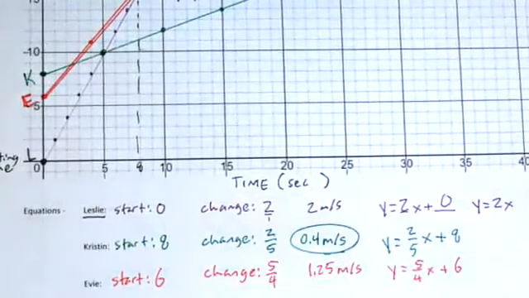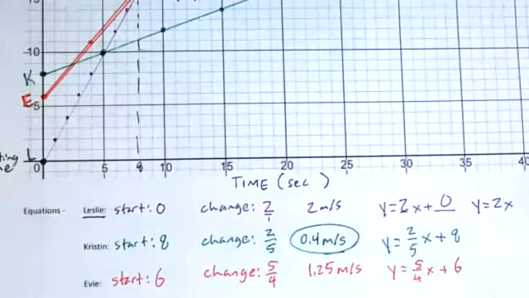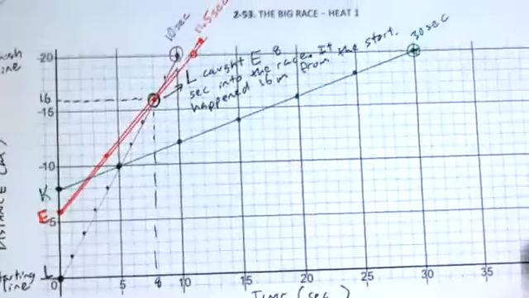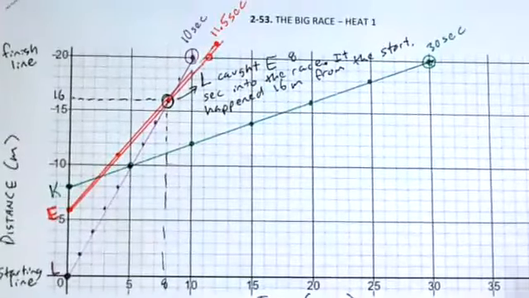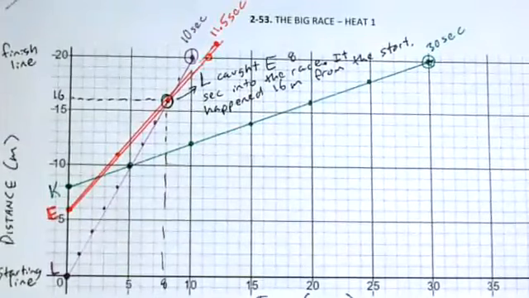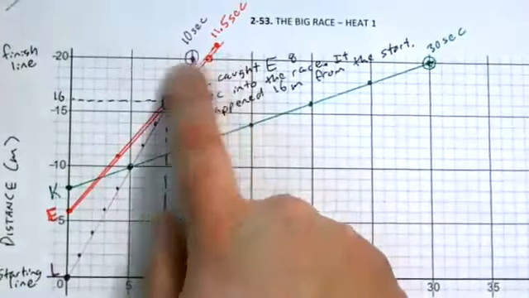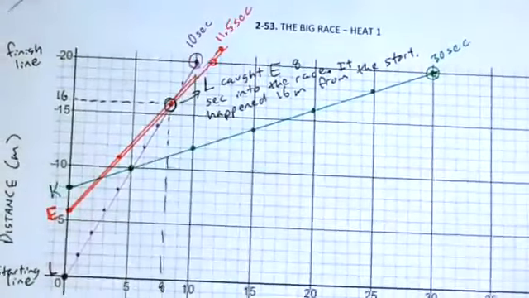However, that's not the story I would report. If I watched this race and I were reporting on this and I wanted to talk about Kristen, what awesome thing could I say about Kristen? Kristen did not win the race, but I think Kristen is pretty awesome. Slow and steady, right? She knew she was going to lose, but look, Kristen saw these two people finish the race like 20 whole seconds before she did.